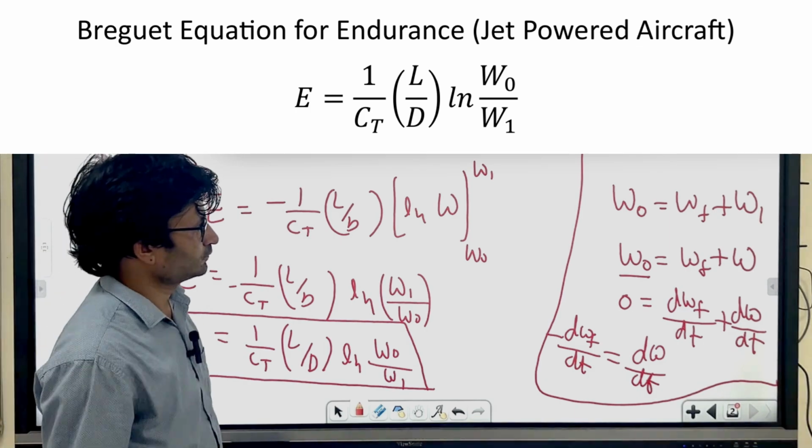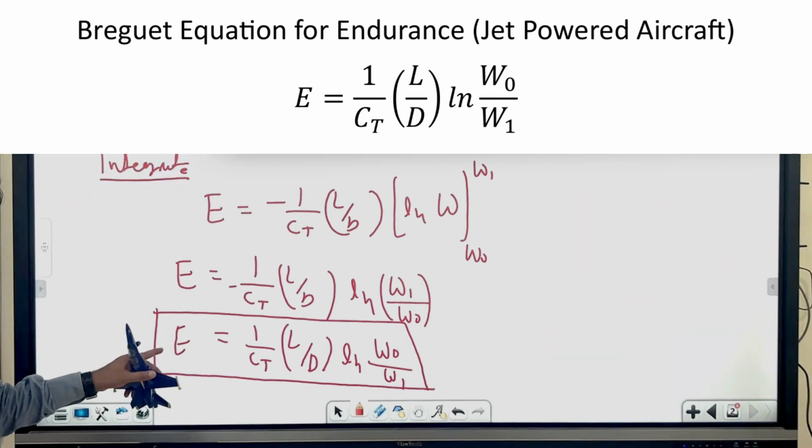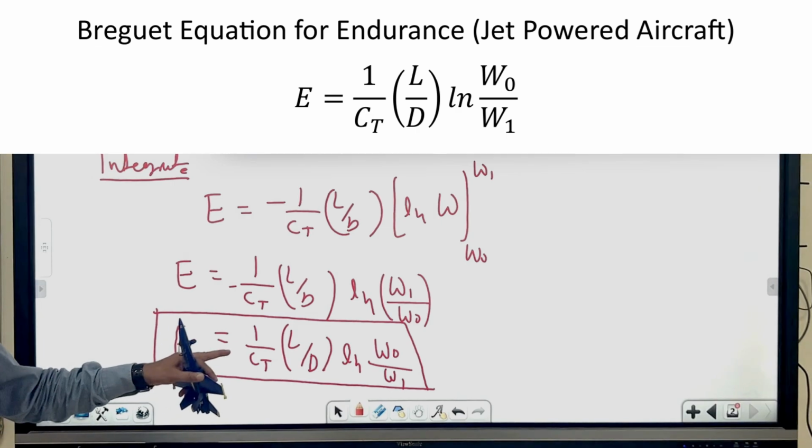This is nothing but E equal to 1 upon Ct, L by D, ln W naught by W1.